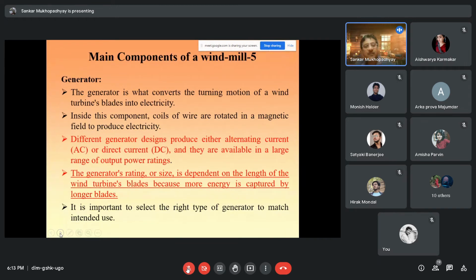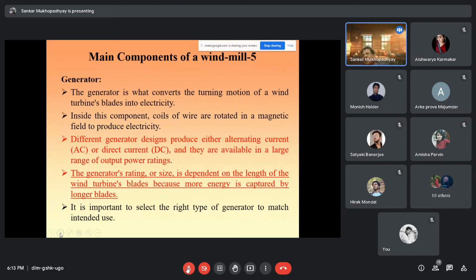Now let us come to the generator part. The generator is what converts the turning motion of a wind turbine blades into electricity. Inside this component, coils of wire are rotated in a magnetic field to produce electricity. Different generator designs produce either alternating current AC or direct current DC, as they are available in a large range of output power ratings.